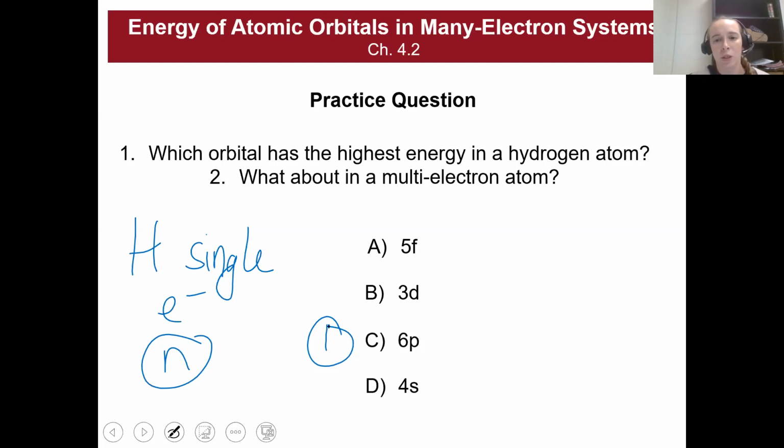For a many electron system, we need to look at N plus L as our shortcut. So what do we see here?